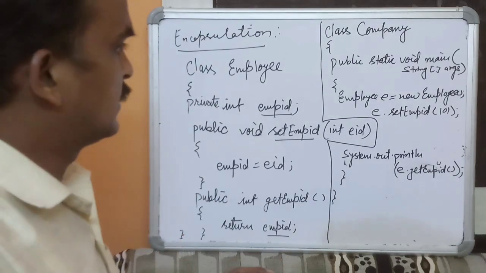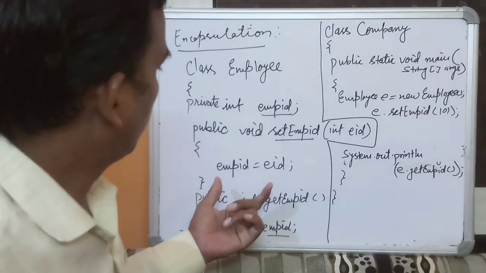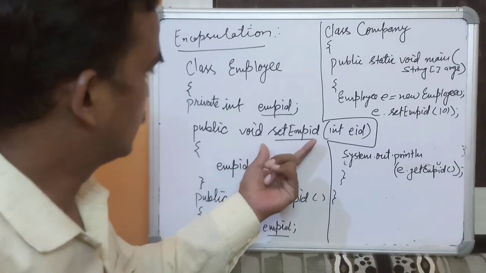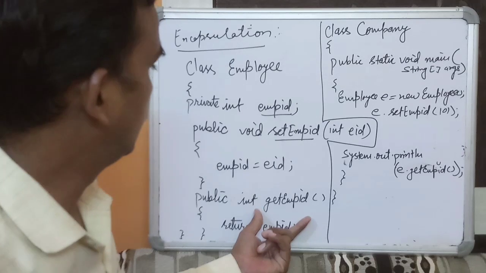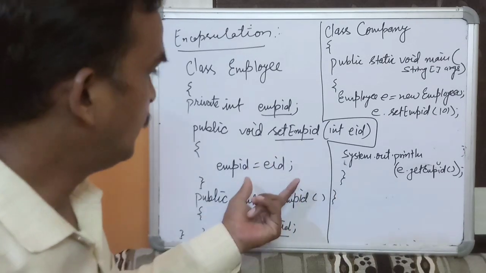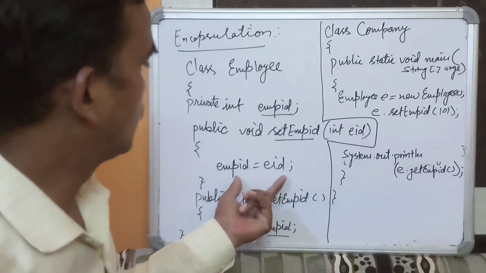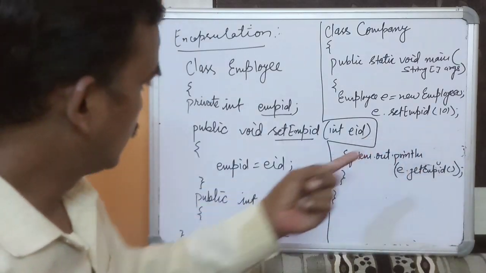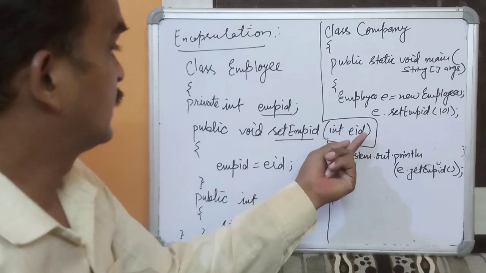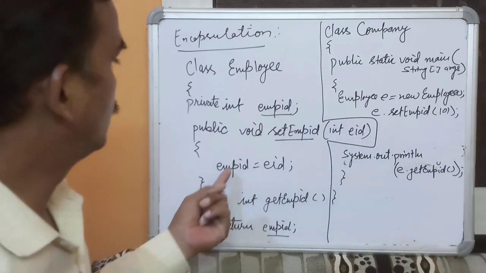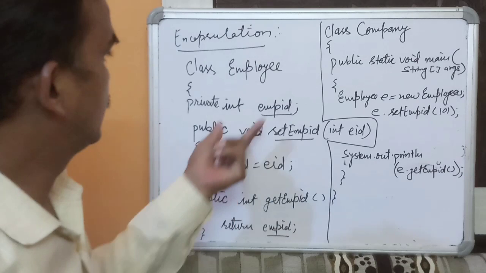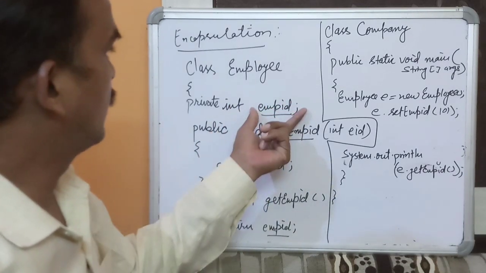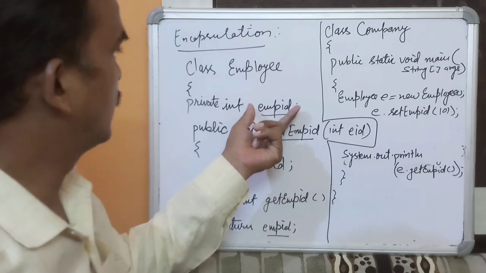So in this, what is going on? We have defined two methods, set empid and get empid. Set empid takes the parameter value, and that parameter assigns the value to the instance variable. This is our private instance variable.